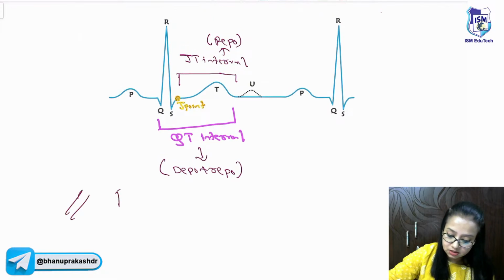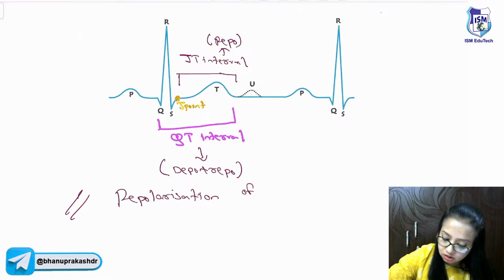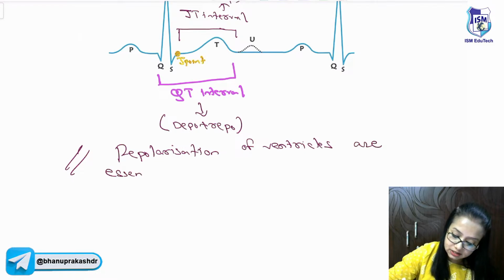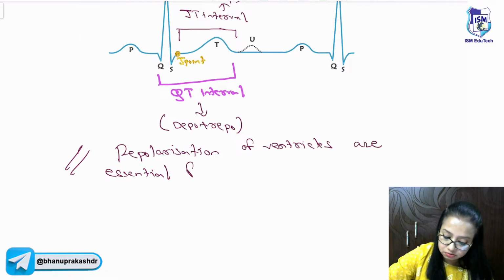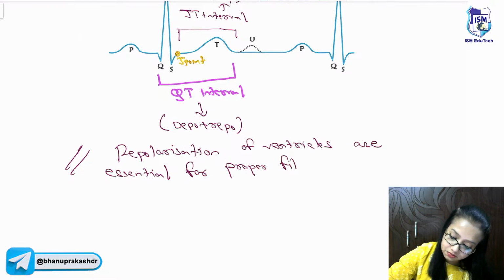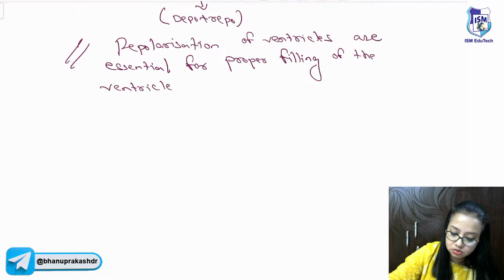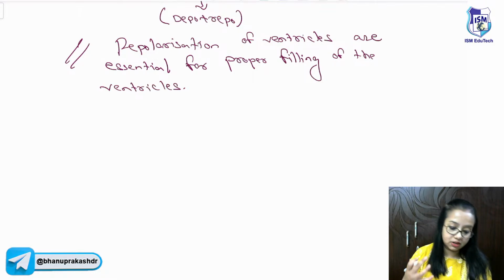One point to remember: repolarization of ventricles is essential for proper filling of the ventricle. So if ventricles don't fill up with an adequate amount of blood, then there will not be enough blood that is pumped to the periphery and the pulmonary circulation.